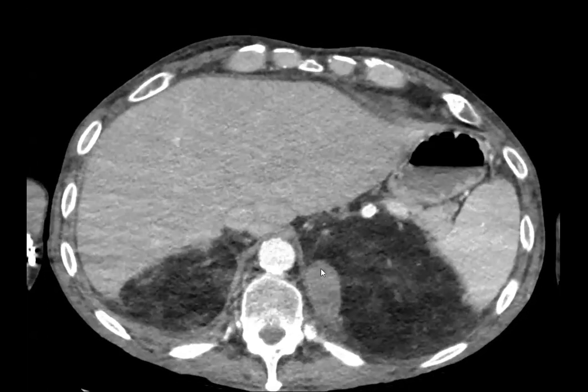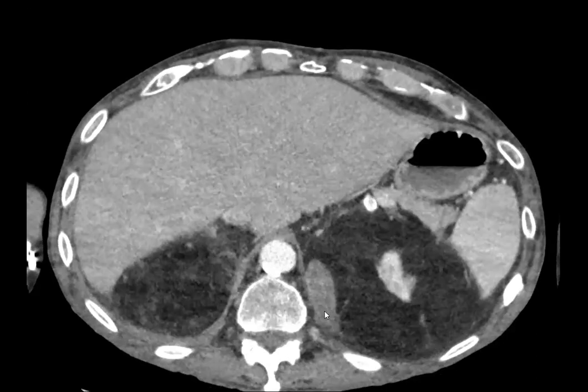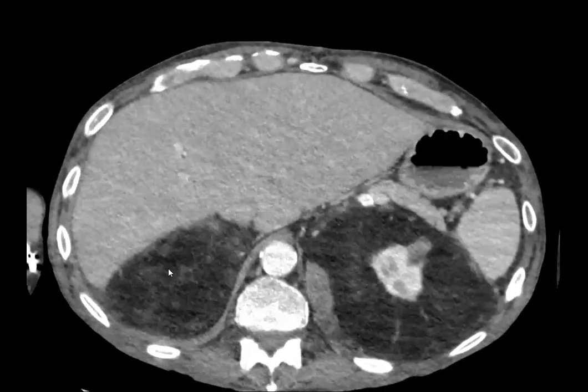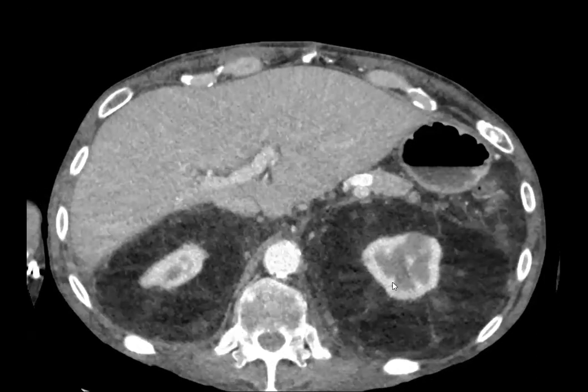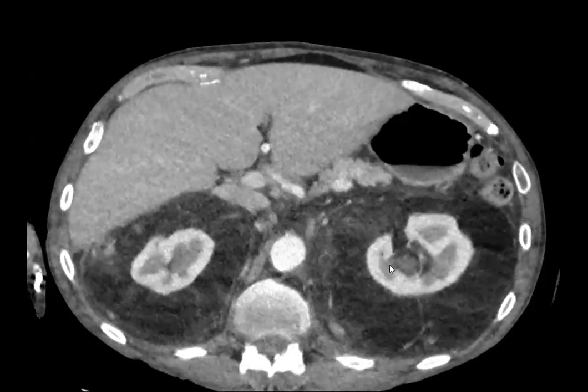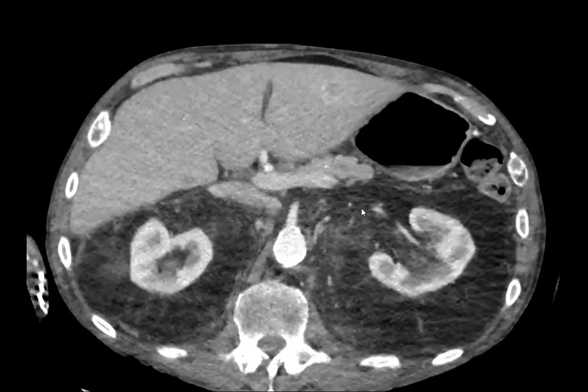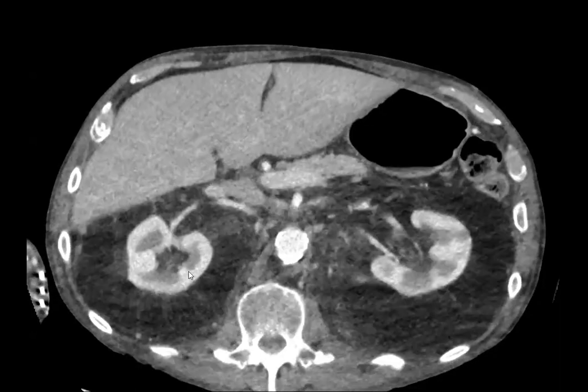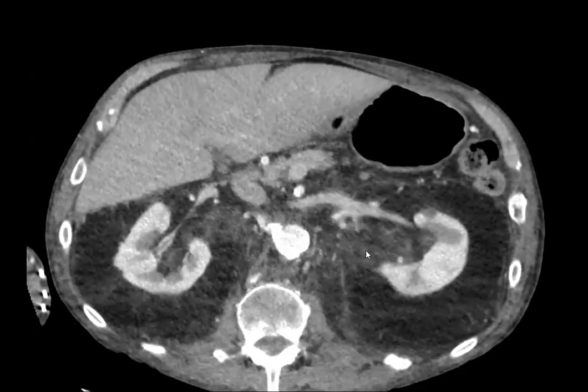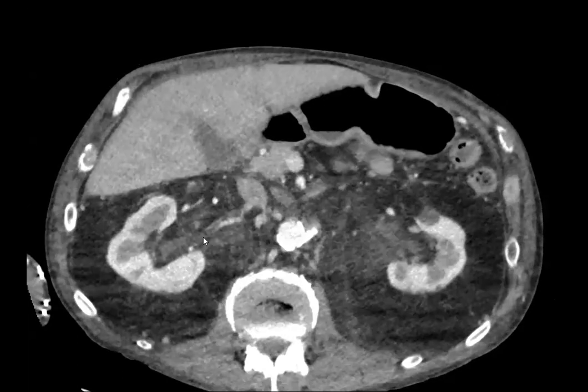So we can see there's this kind of homogeneous mass here in the retroperitoneum. There's all this haziness in the perirenal fat. You can see that there's a lot of perirenal fat. Some people just have that. You can see the retroperitoneum is pushing the rest of the abdomen forward here with all this proliferation of fat. But there's also soft tissue in the renal hilum here.